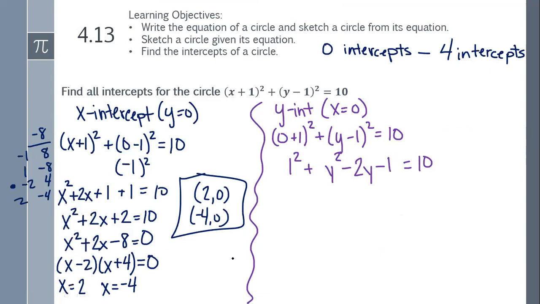All right, so combine like terms. 1 squared is 1, and 1 minus 1 is 0, so this guy cancels out with that guy. So y squared minus 2y. Again, I'm going to move the 10 to the opposite side by subtraction, so minus 10 equals 0. This time I'm looking for factors of negative 10 that subtract to give me negative 2.